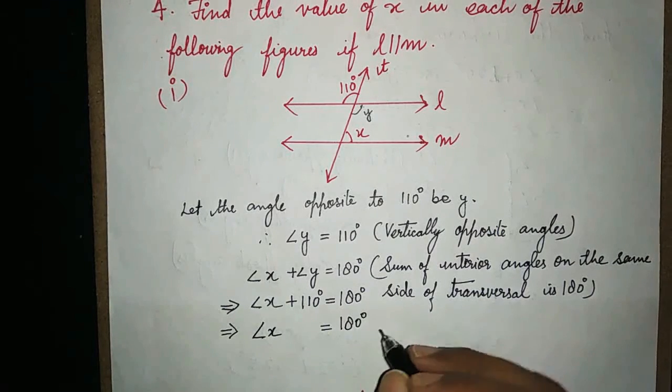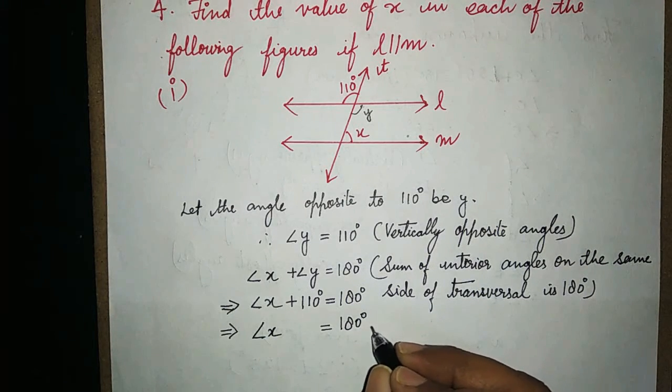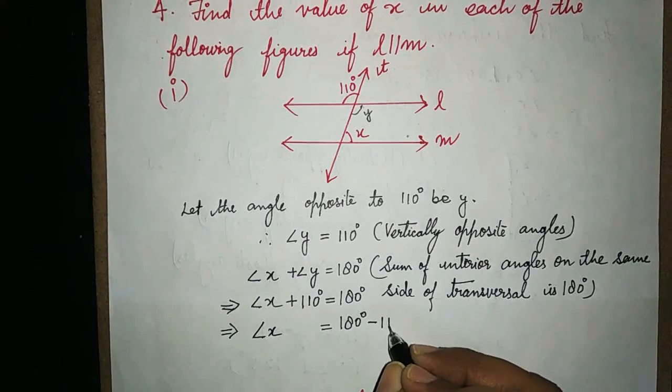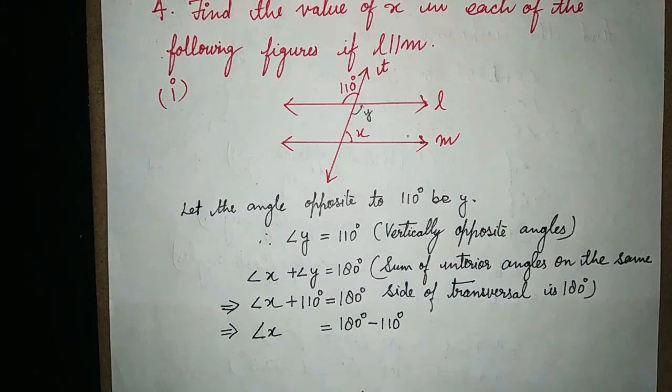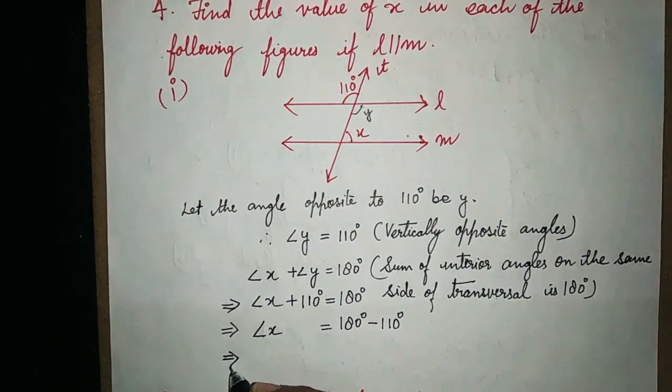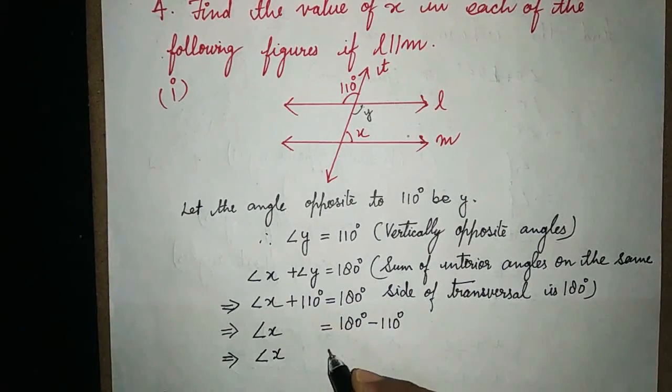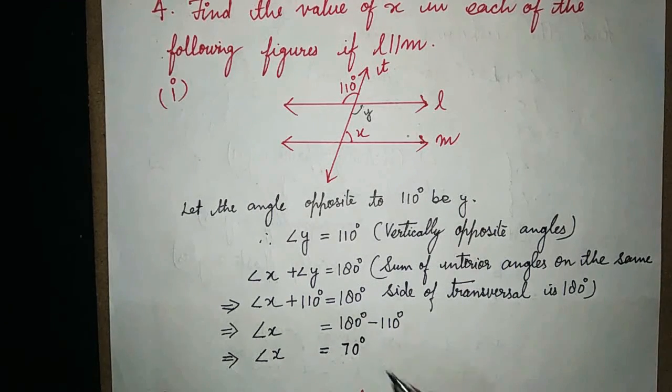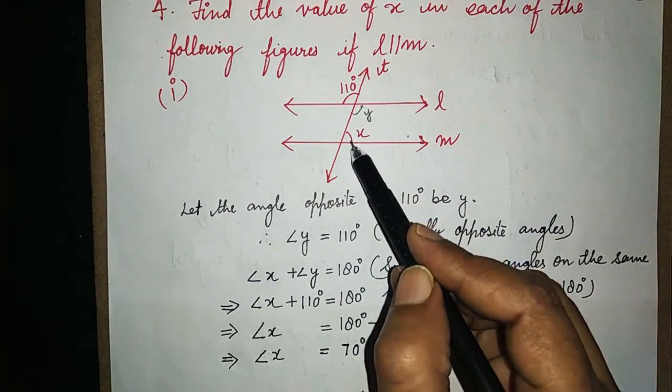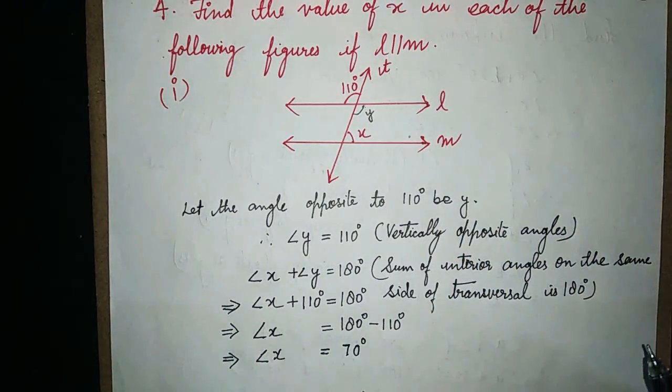Now we will transpose 110 degree on right hand side. So here 180 degree minus 110 degree will come. After solving this, measure of angle X is coming 70 degree. So like this you can find out value of this unknown angle X.